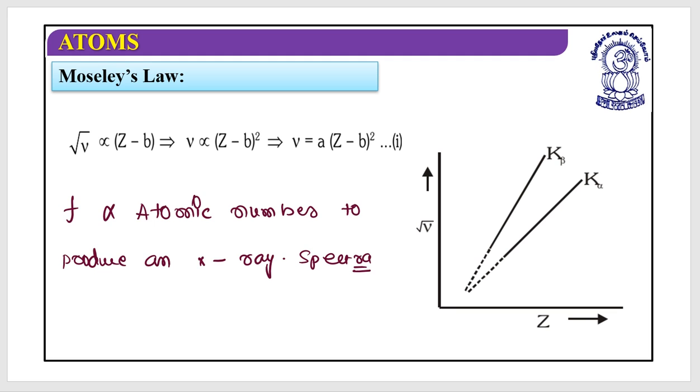So he has given that if you use a certain atomic number, then these frequencies can be available.